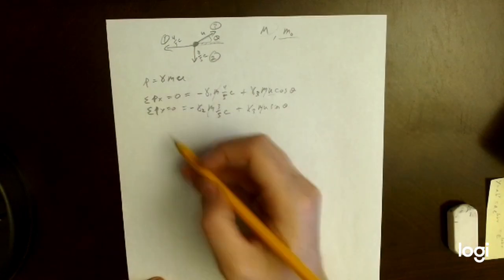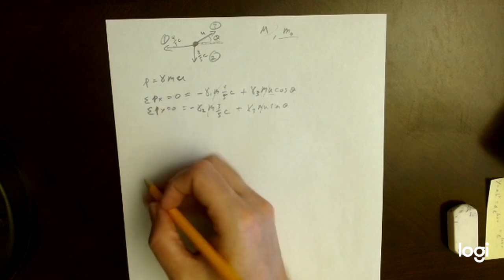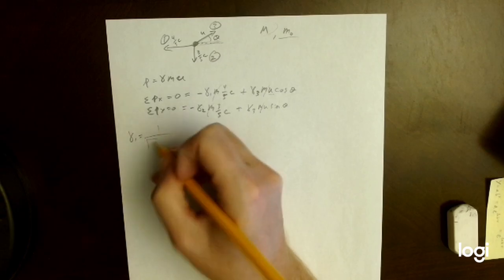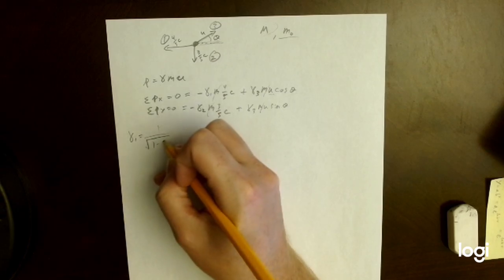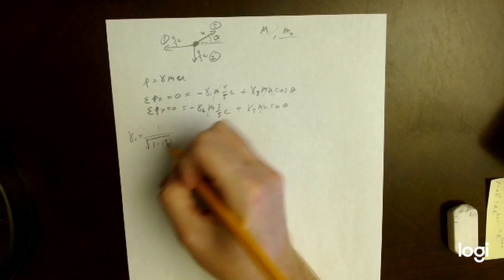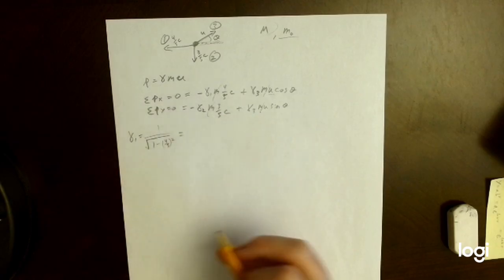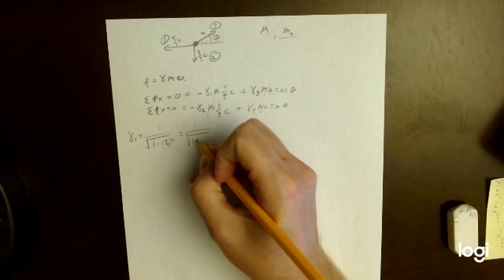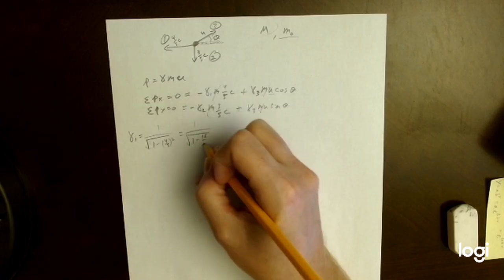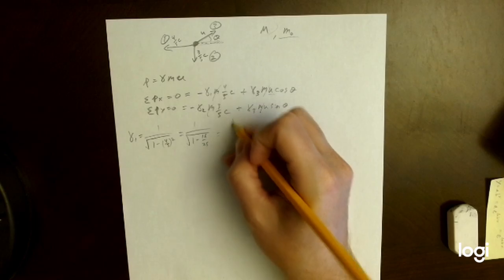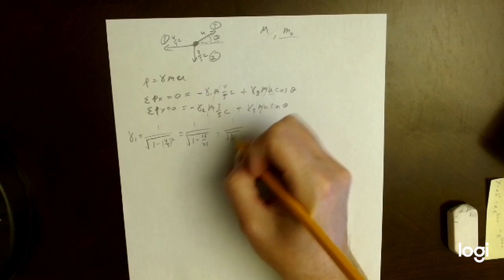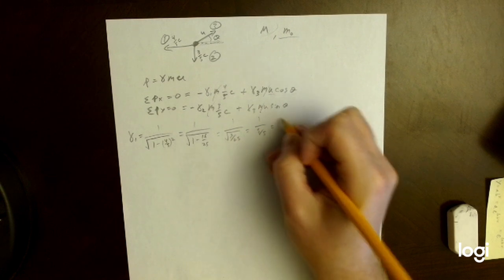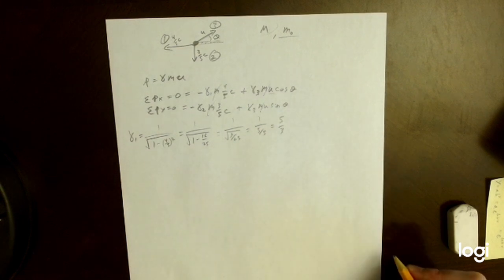I'm going to bring the x equation down here, and I guess first let's solve for gamma 1, which is 1 over the square root of 1 minus 4/5 squared. If you track all this through, this goes to 1 over the square root of 1 minus 16/25ths, which is 1 over the square root of 9/25ths, which is 1 over 3/5, or 5/3.